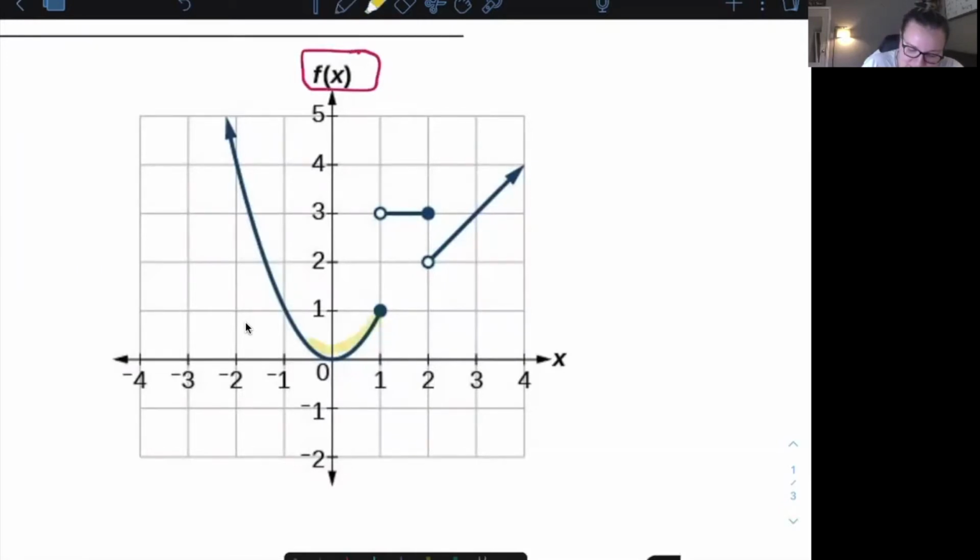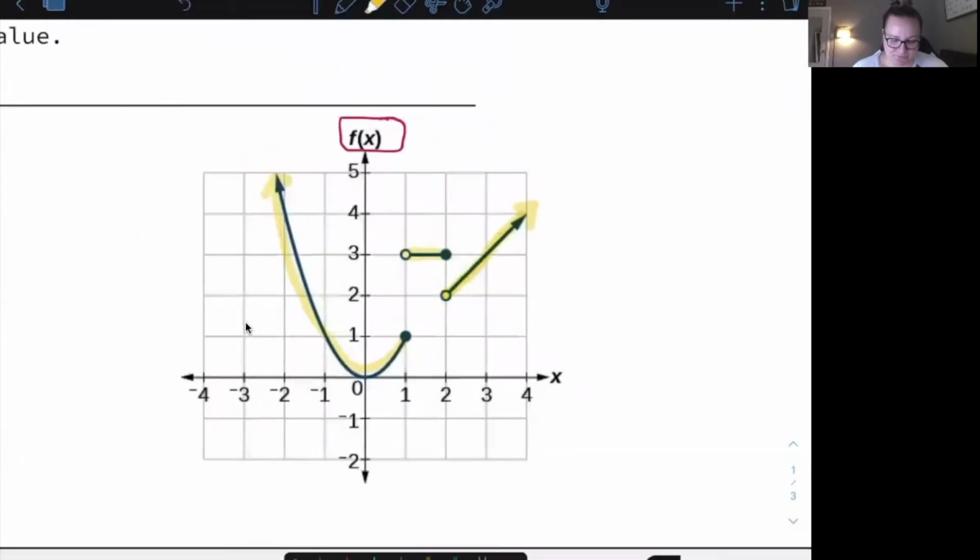It's got part of a parabola that starts and then goes off only in that left direction. We've got a piece of a horizontal line here, and then we've got a piece of a line that starts at 2, 2 with an open circle and then heads off in the positive infinity direction for x and y. So this is an example of a piecewise function. It's made up of different pieces of different equations, essentially.